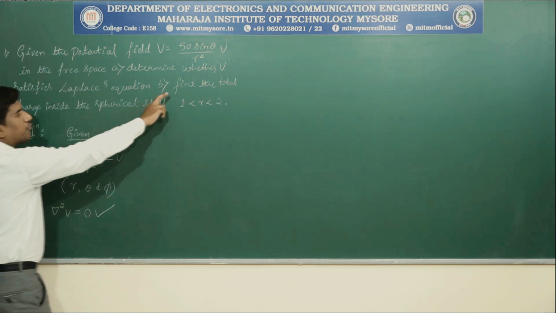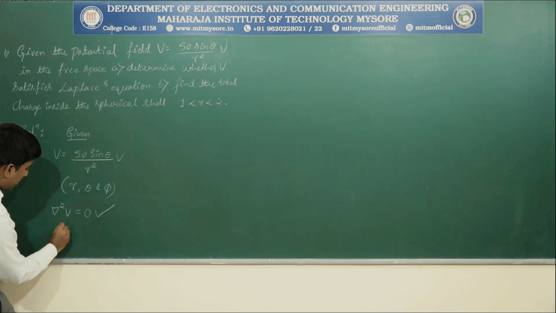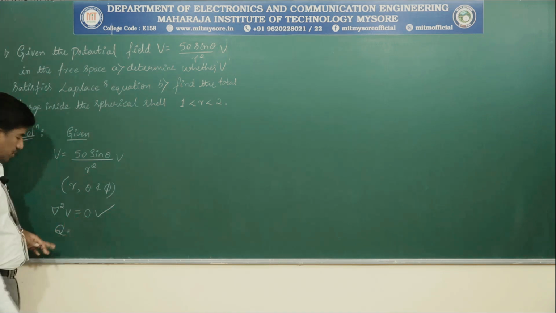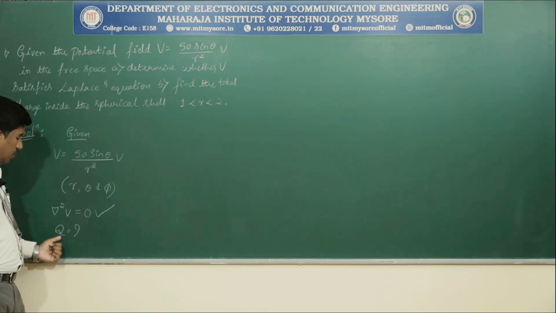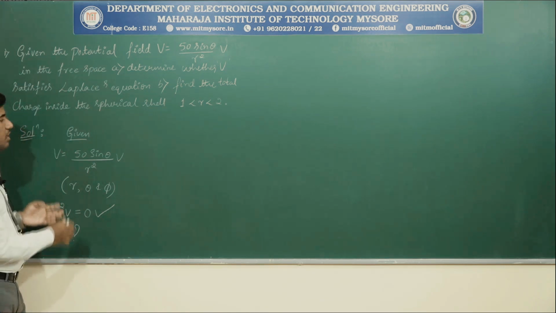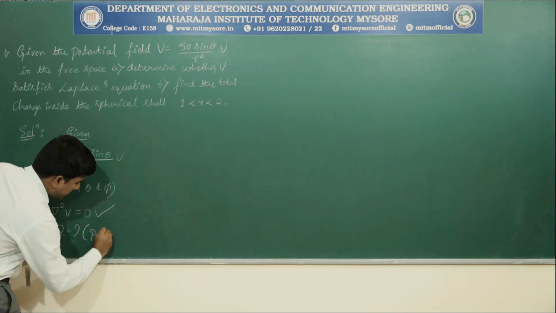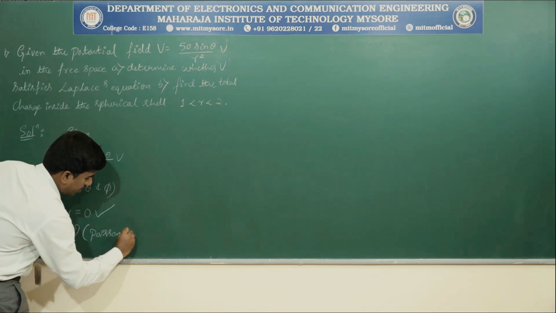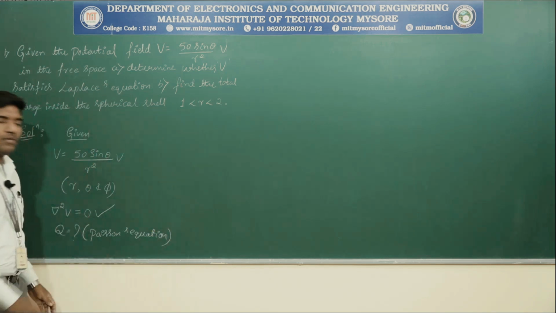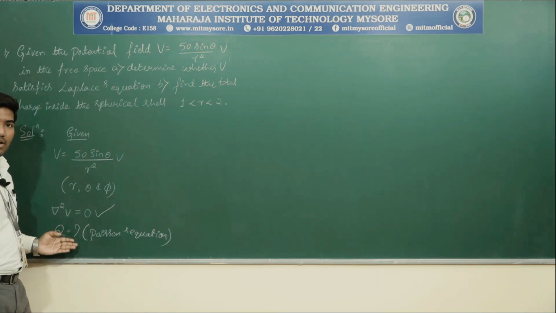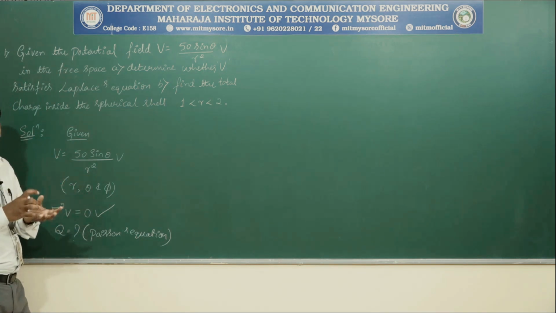Coming to the second part, find the total charge inside the spherical shell. That means we need to calculate Q, the total charge enclosed within the spherical shell. Total charge can be calculated by using Poisson's equation. Why Poisson's equation are we employing here? Because Poisson space is nothing but the place where the charges are present.